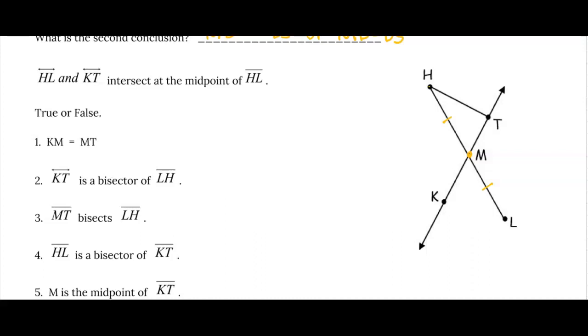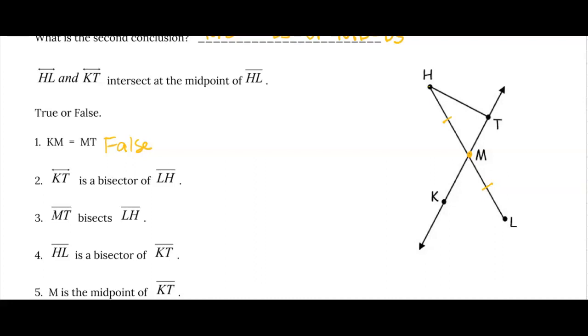That is all that we know from that statement. We don't know that M is the midpoint of KT because they haven't said that that one's also bisected, so we can't mark KM congruent to MT. So when we look at this statement, KM equals MT, that is false. It could be, but we don't know for certain, so we can't say that.